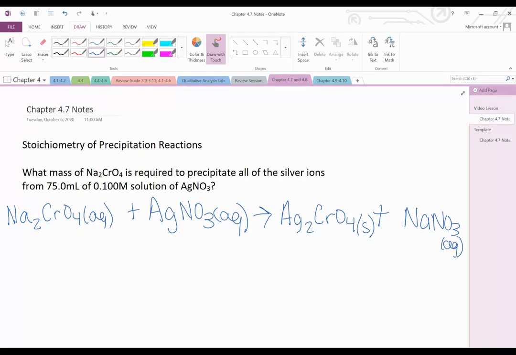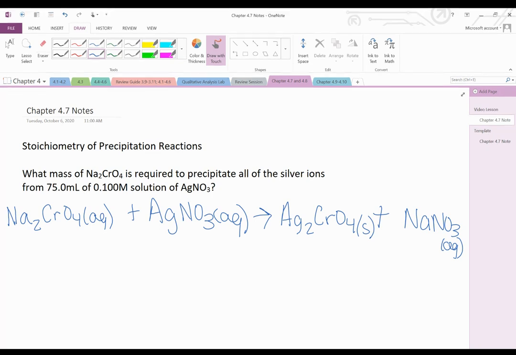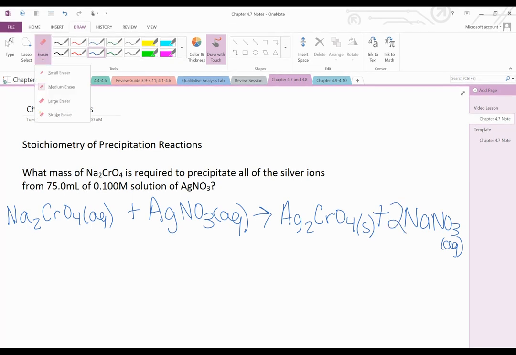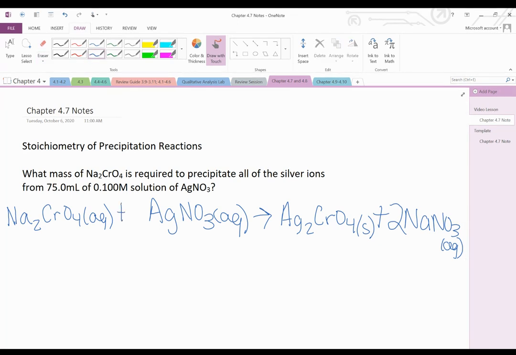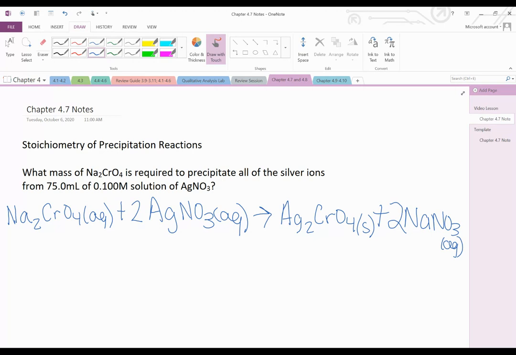I need to balance this equation, and I do that by putting a 2 in front of the sodium nitrate and a 2 in front of the silver nitrate.